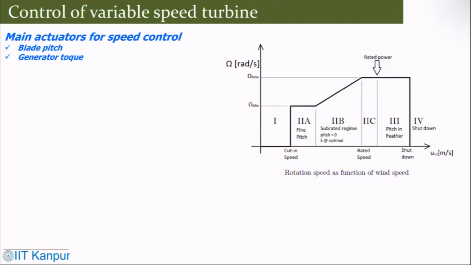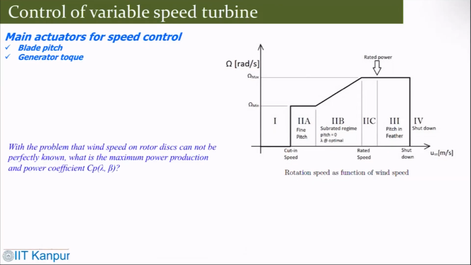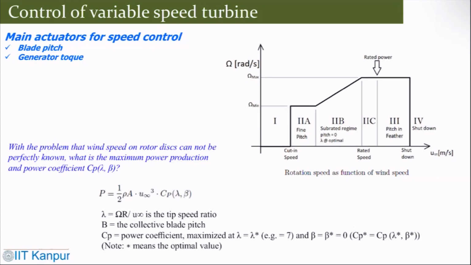With the problem that wind speed on the rotor disc cannot be perfectly known, what is the maximum power production and power coefficient that can be obtained? We have power, which is basically area times velocity cubed times coefficient of power. So these are the tip speed ratio, collective blade pitch, and all this we know.